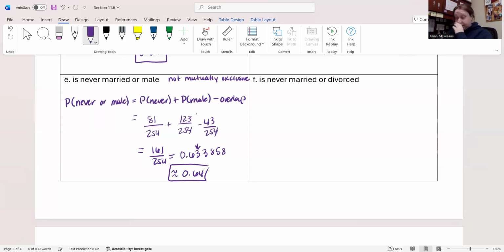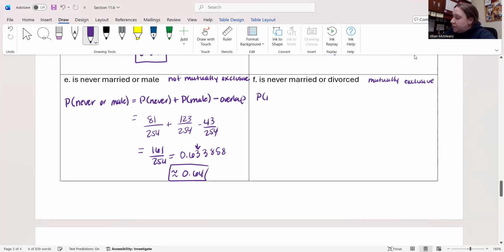And finally, we have never married or divorced. Now, in order to be divorced, you had to at some point have been married. So we can't say you're never married and divorced. There's no overlap here. These are mutually exclusive.